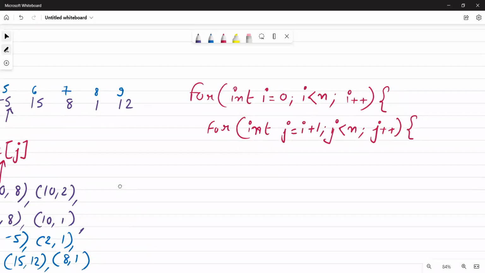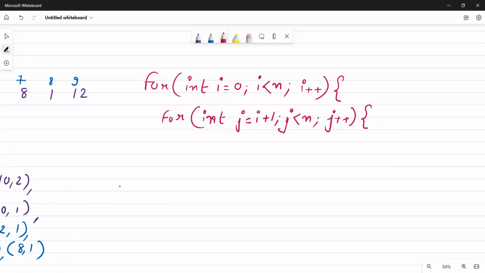Then as of now, we have not taken any variable for the number of pairs. So I will take int pairs equals 0. Now, what condition should I write here? The current element should be greater than the next element.